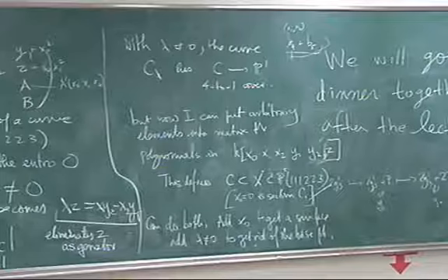So let me go on. I started this case, p_g equals 4, K squared equals 5, last time.